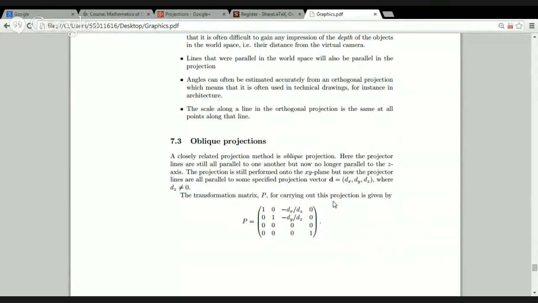We're not saying that the projection vector necessarily is parallel to the ground xz plane.